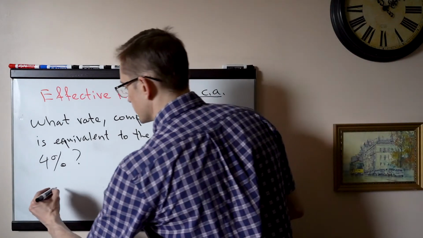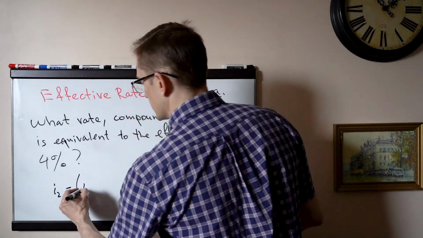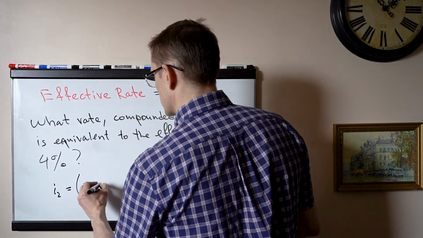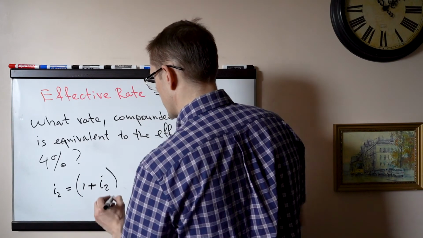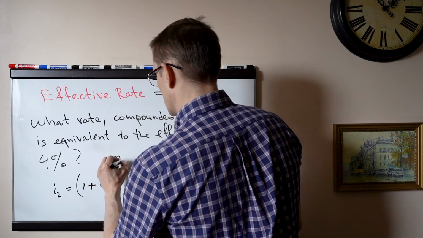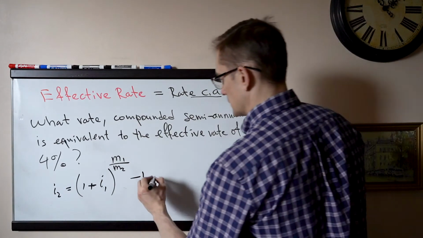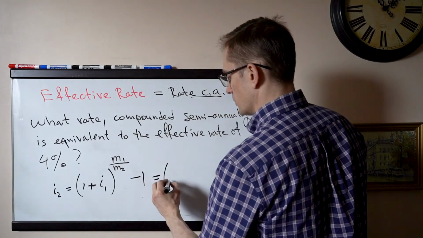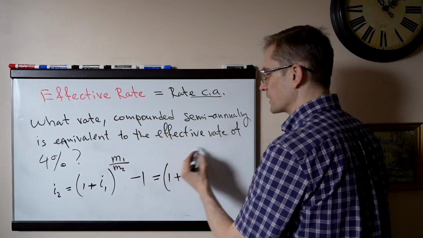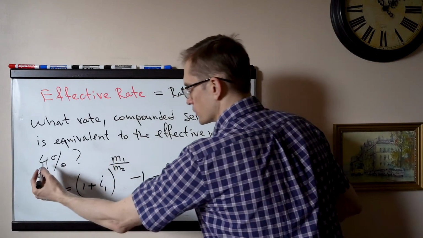Okay, so let's use the same formula that we have. It's a universal formula for any kind of equivalent rates. So 1 plus I2 equals 1 plus I1, to the power M1 divided by M2, minus 1. Now, what is this I1? We are given the effective rate here, right? Which is 4% compounded annually.